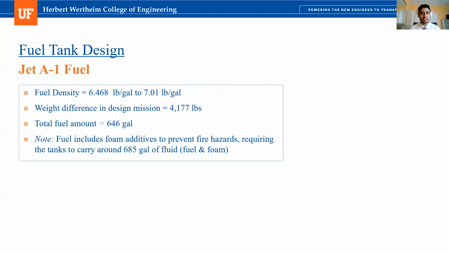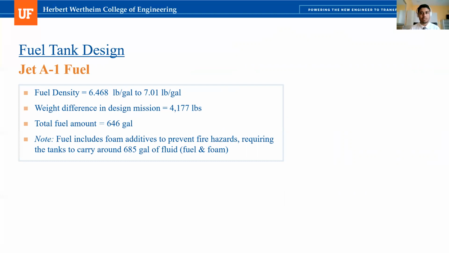And in our calculations, we considered the lower density because we wanted to calculate the maximum amount of fuel that the aircraft should carry to be on the safe side. And this makes sense because with the lower density of fuel, more fuel would be needed to operate the aircraft.